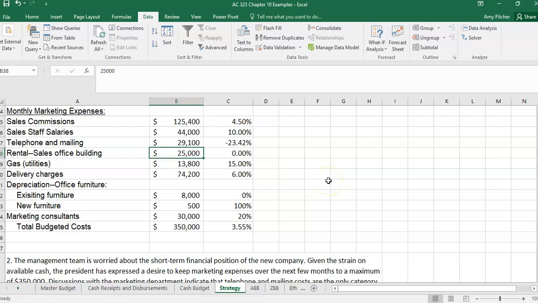So this tells us that instead of our planned 6% increase in telephone and mailing costs, we actually need to reduce them by 23.4% in order to make those projected costs of $350,000.